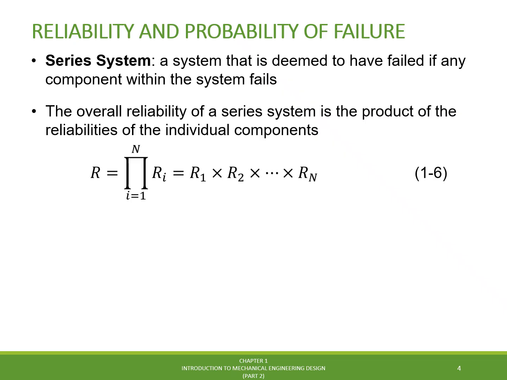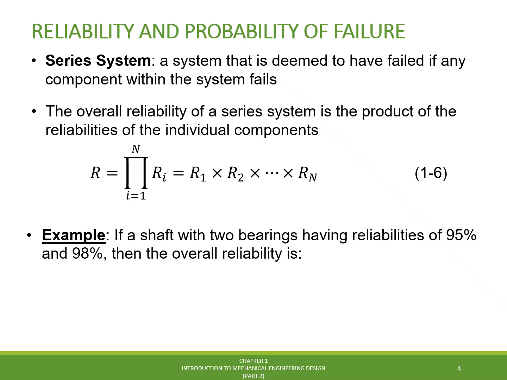The equation used to do this calculation is given by equation 1.6, in which R, the overall reliability, is the product of all individual reliabilities. It doesn't matter how many components the system is going to have. So, one example. If we have a shaft with 2 bearings to support that shaft, and let's say that we define the reliabilities of the 2 bearings as bearing 1 having a reliability of 95% and bearing 2 98%.